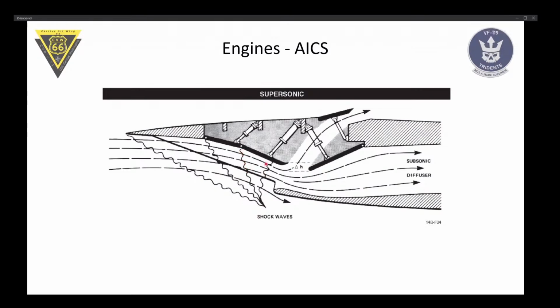So we want to focus all four shocks outside of our duct. And to do that, we need to position our ramps according to a special pre-programmed schedule that takes into account Mach number and also angle of attack. This is why each AICS controller has its own angle of attack probe on the left and right side of the aircraft. Because as you can imagine, if you're rolling left, the left engine is going to have a higher angle of attack than the right engine.